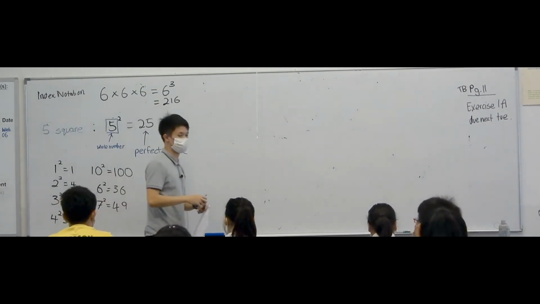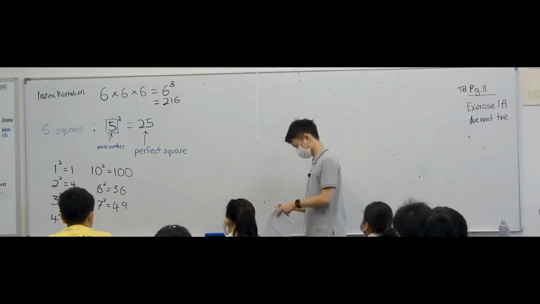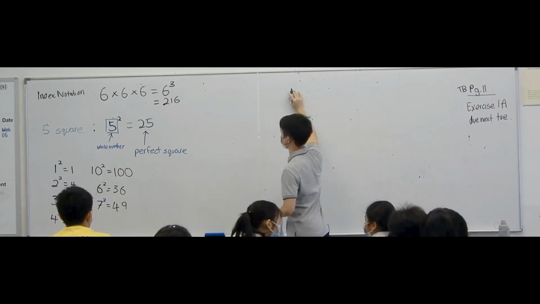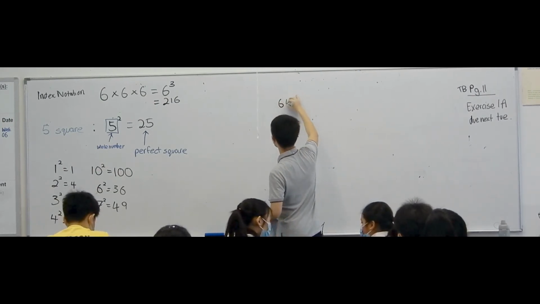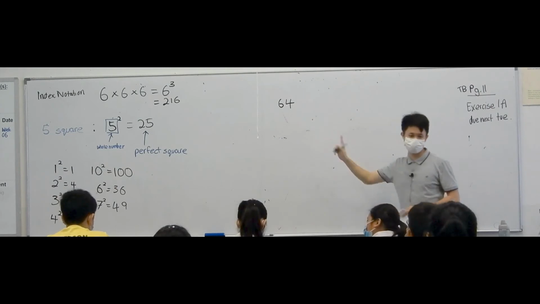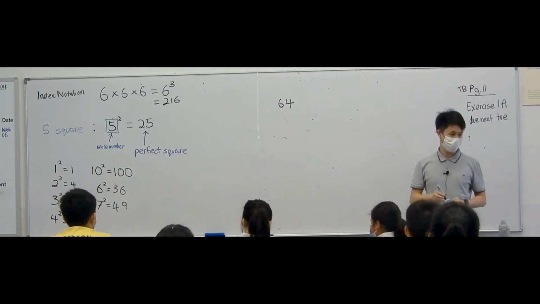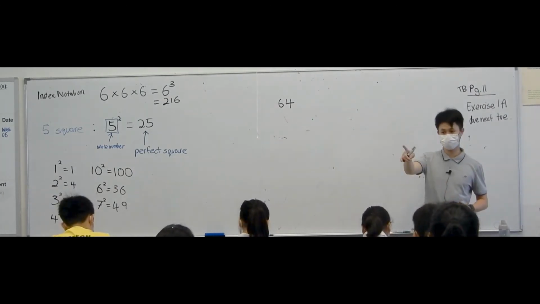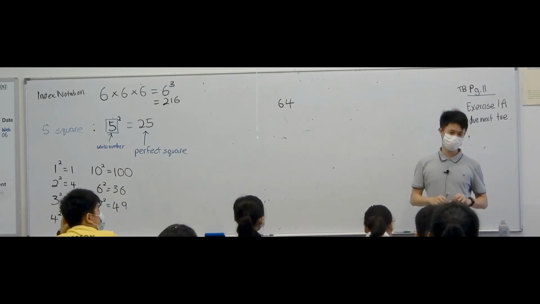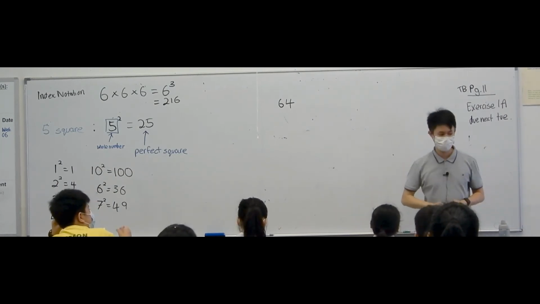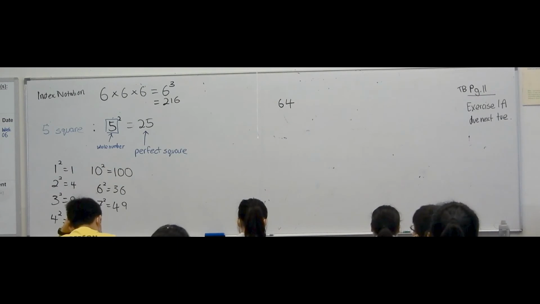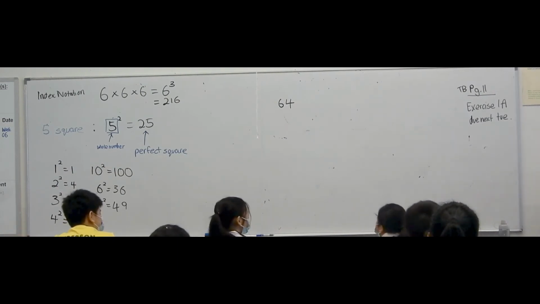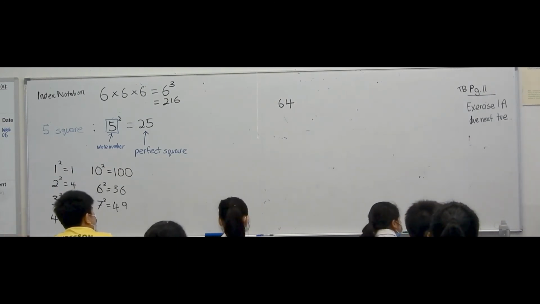Now let's say I give you a number. Let's say it is 64. How do we tell this is a perfect square? Square root. What is square root? You have more than 2 multiples?